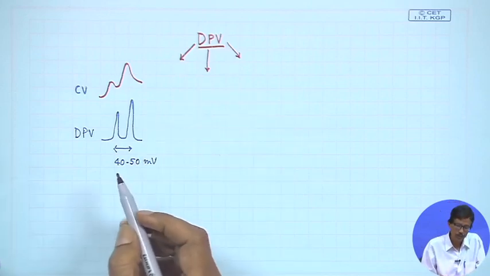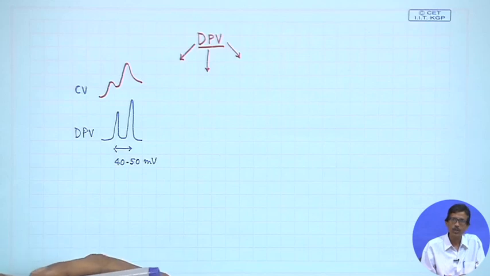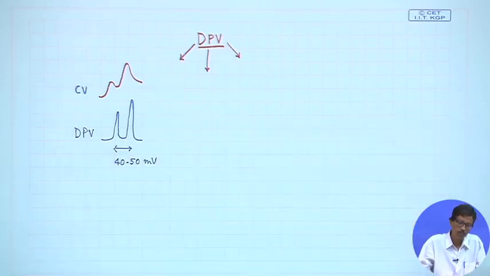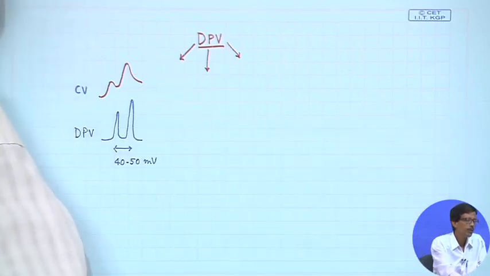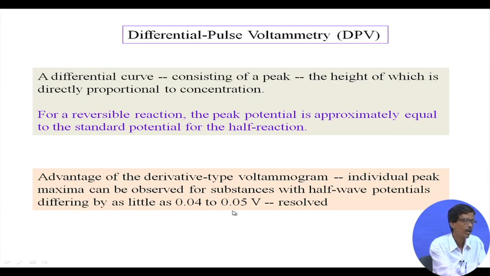So, the resolution is very high and we can differentiate these two in case of DPV. So, from CV we can go for DPV when they have overlapping peaks in the range of 0.04 to 0.05 volt, which can be resolved nicely.